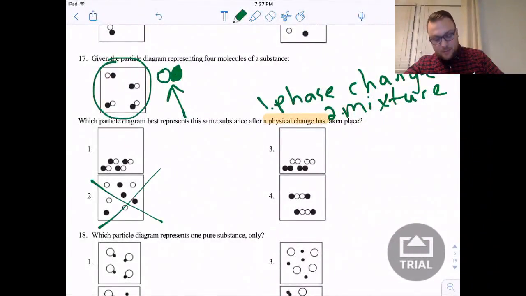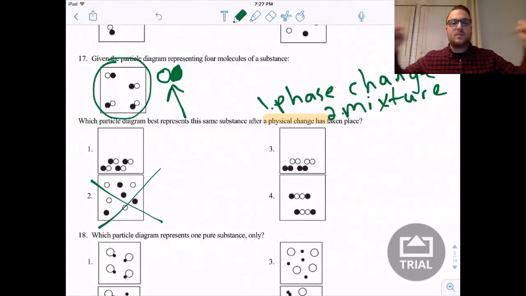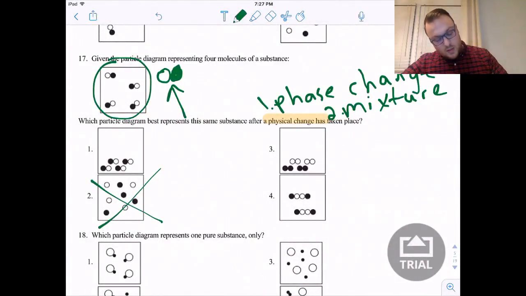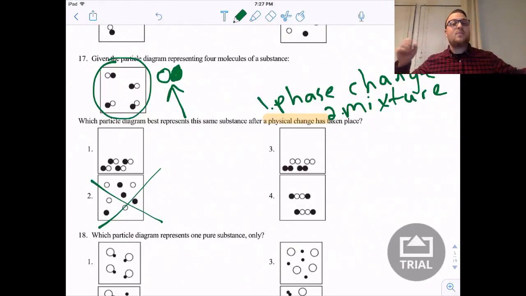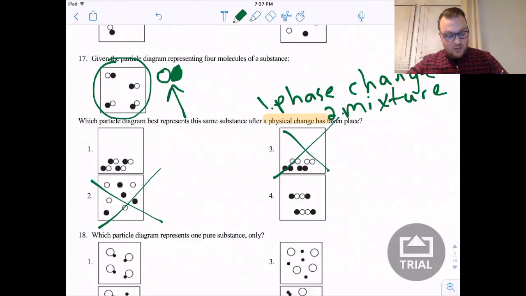That's a chemical change. I've taken my compounds and turned them into individual elements. 3 is I've taken my compounds, separated them, and then recombined them differently. So this is definitely a chemical change. And 4 is even crazier than 3 because I've separated them and then reattached them in a completely different way.